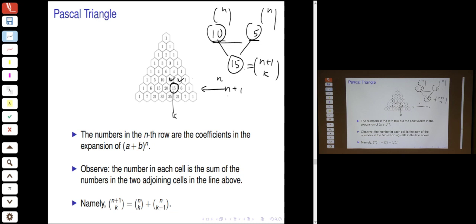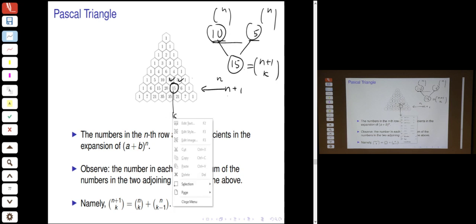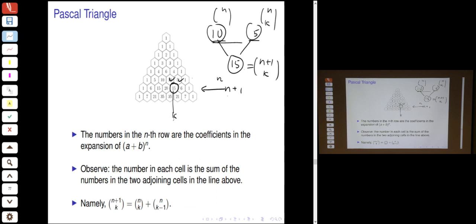The 5 is at the k's position, and the 10 is at k minus 1, the position before k. So from the pattern, we observe that the binomial coefficients have this property: n plus 1 choose k is the sum of the 2 numbers, n choose k plus n choose k minus 1.